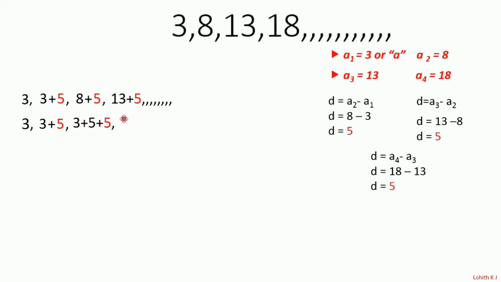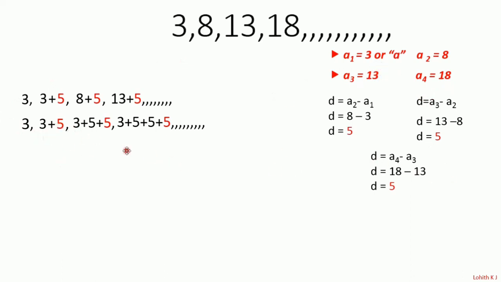Next 13 can be written as 3 plus 5 plus 5. 3 plus 5 will be 8, 8 plus 5 will be 13, 13 plus common difference. So why am I expanding the terms? Because in order to get the values in terms of the first term, that is 3, and the common difference, that is 5. Next let us compare these values with a and d. 3 will be the value of a and 5 will be the value of d.